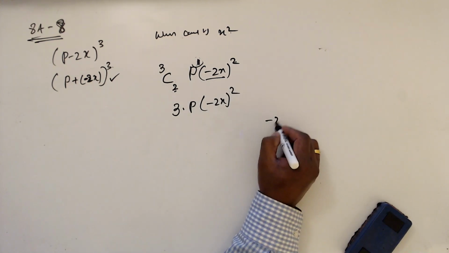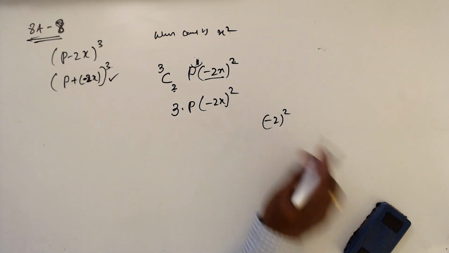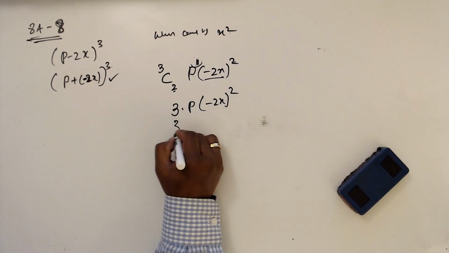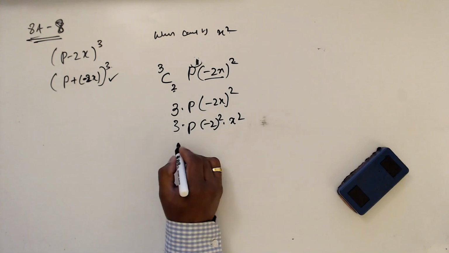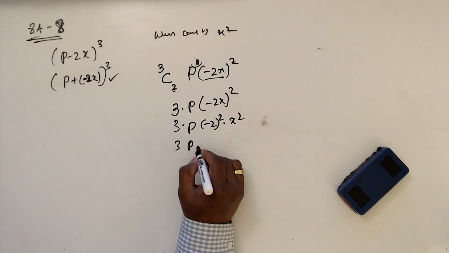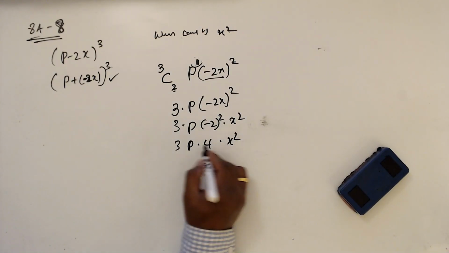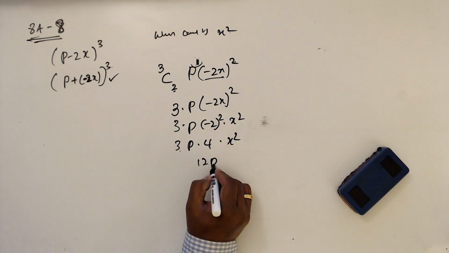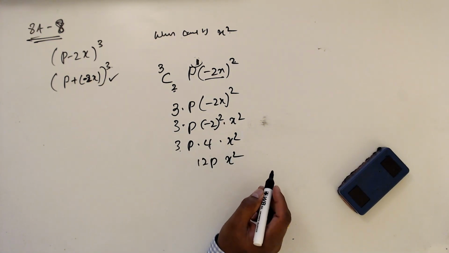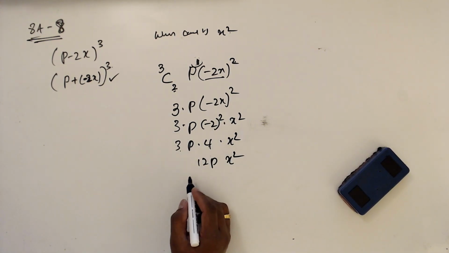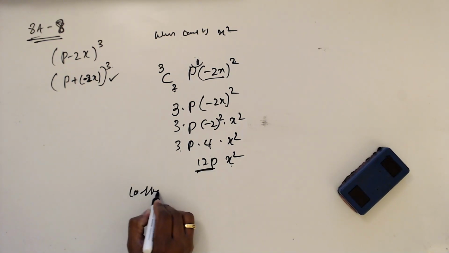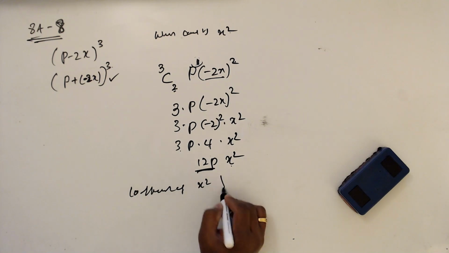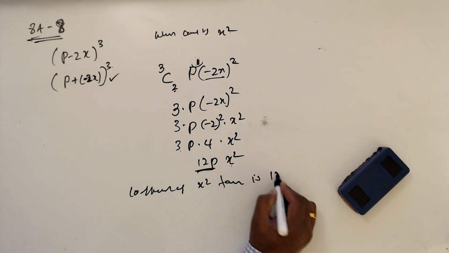It means 3p times (minus 2) square times x square. (minus 2) square is 4, times x square. So 4 times 3 is 12p x square. So the coefficient of the x square term is 12p.